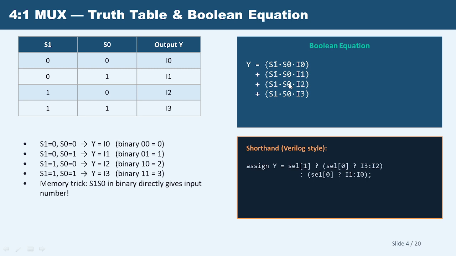Look at this equation. What I have mentioned: S1 AND operation, S0 AND operation, I0. This dot means AND operation. So if you AND everything, what will be the output you are going to get?